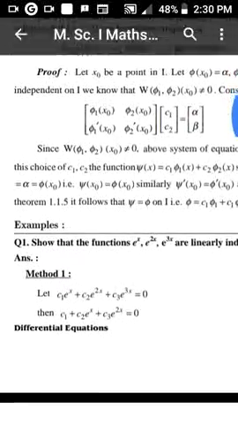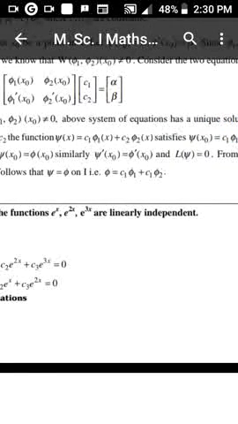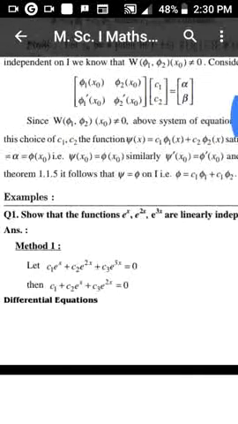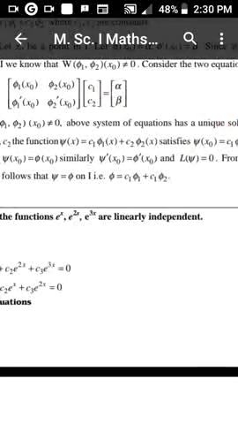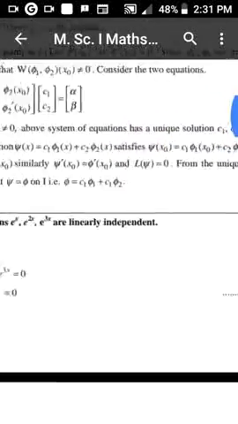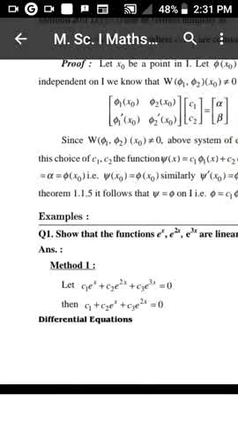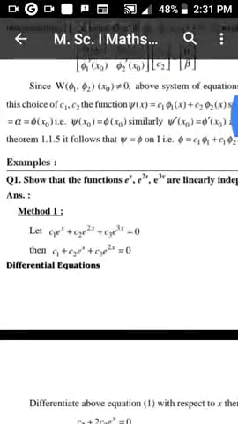For this choice of c1, c2, the function psi of x equal to c1 phi1 of x plus c2 phi2 of x satisfies psi of x naught equal to c1 phi1 of x naught plus c2 phi2 of x naught, which is equal to alpha, which is equal to phi of x naught. Similarly, psi dash of x naught is equal to phi dash of x naught, and L of psi is equal to 0. From the uniqueness, it follows that psi is equal to phi on I. Therefore, phi is equal to c1 phi1 plus c2 phi2.